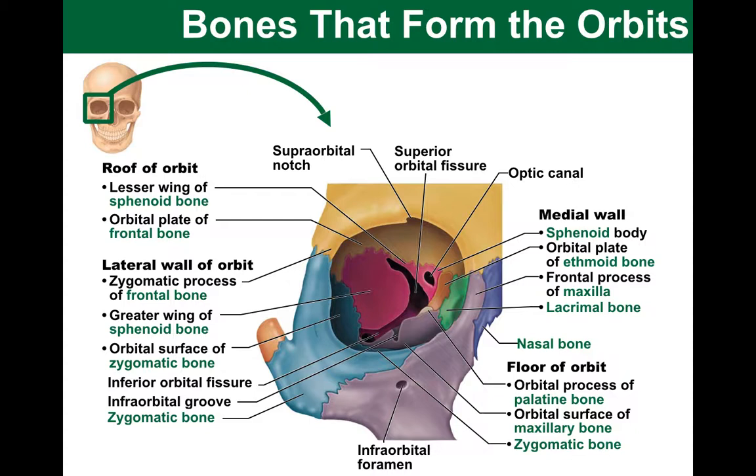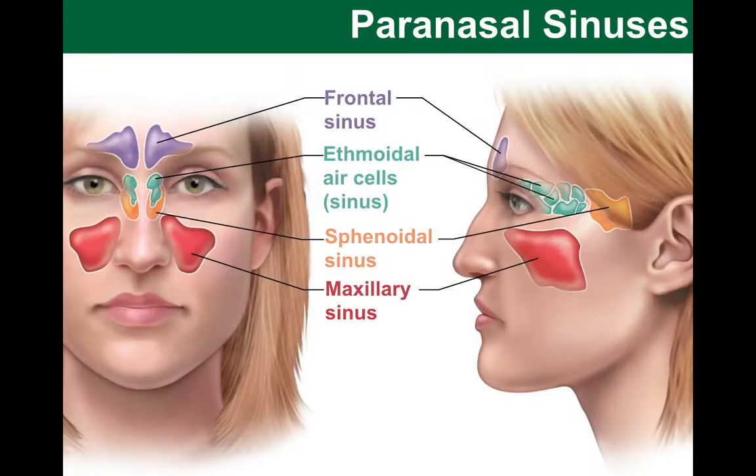And secondly, I want to introduce just briefly the paranasal sinuses. We will be talking more about them when we study the respiratory system, but they are these small holes in bones of the skull. Several reasons have been proposed for having them. For example, lightening the skull, so making it lighter to carry our head.